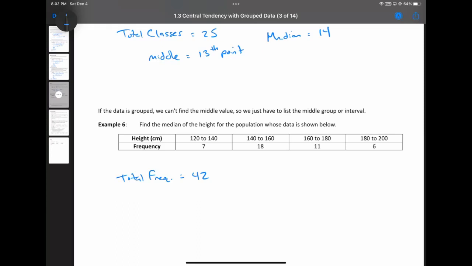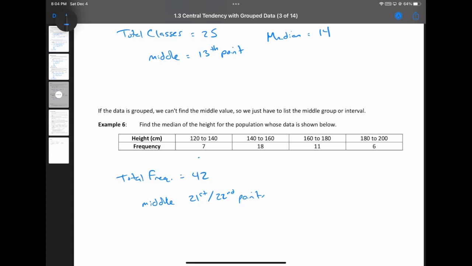But if I went right down the middle, there'd be 21 in the first half and 21 in the second half. So the middle is the 21st and 22nd numbers, and then I just go halfway between them.